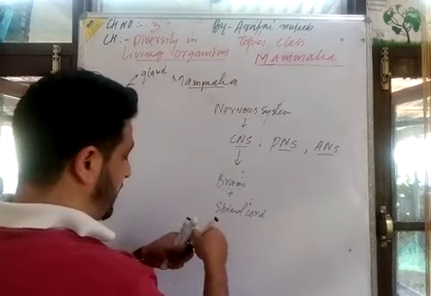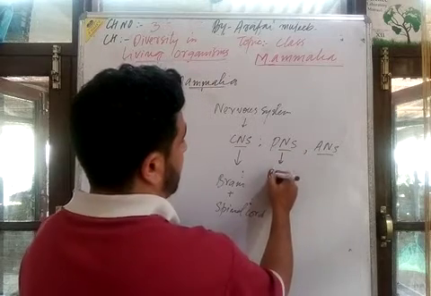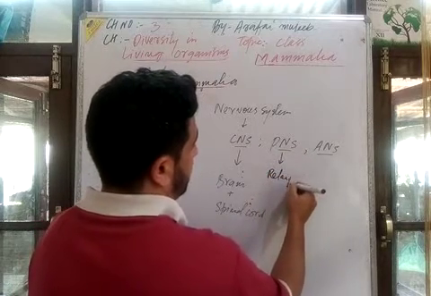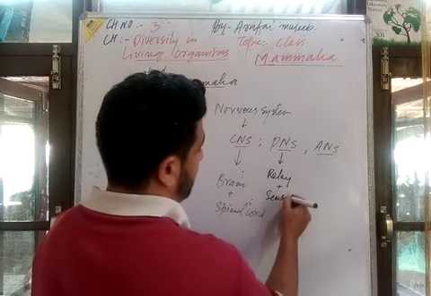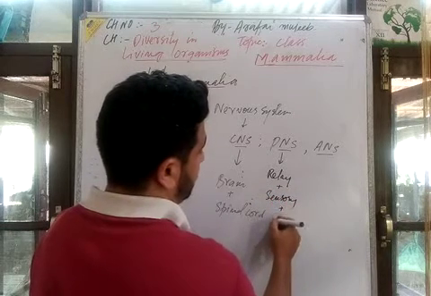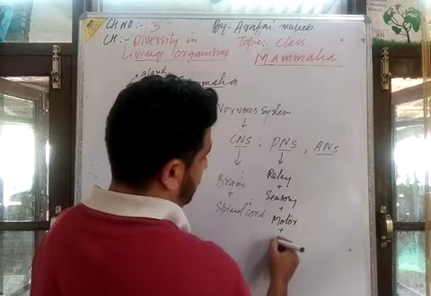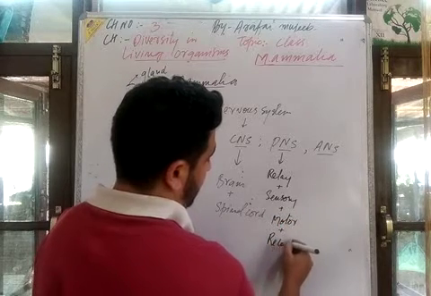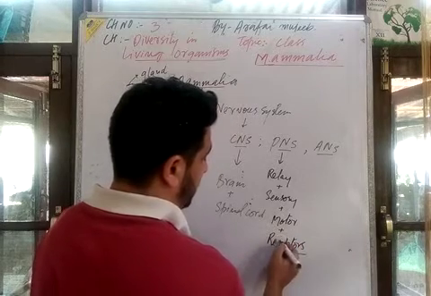The peripheral nervous system includes the relay nerves, the sensory nerves, the motor nerves, plus the different types of receptors associated with them.